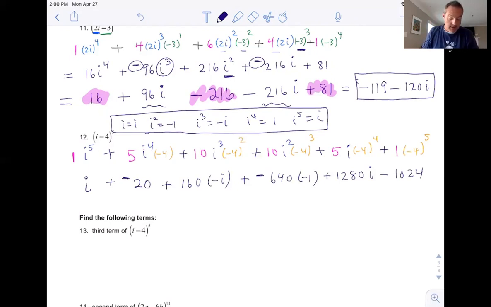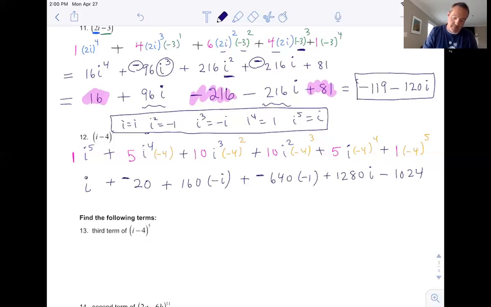Okay. So now what do I got to do? I got to add up my i's, and I got to add up my whole numbers here. So first of all, I'm checking for mistakes. I don't really see any. I'm just checking one thing here. I think we're good though. Okay, well, let's do it.